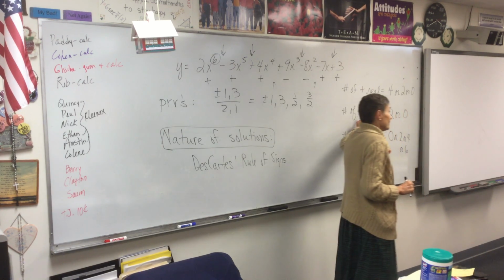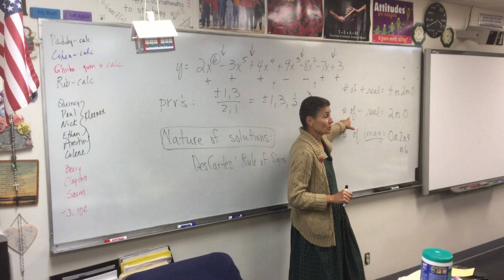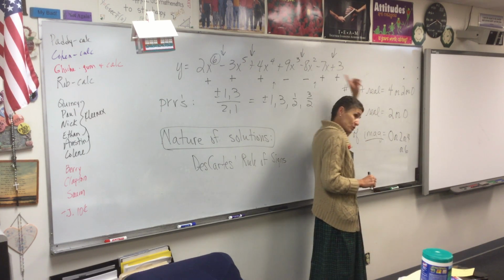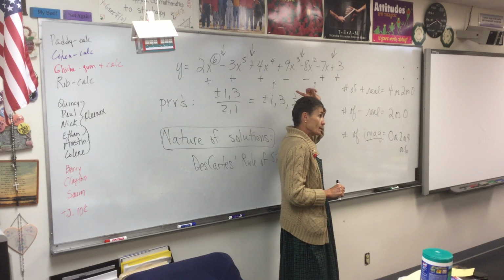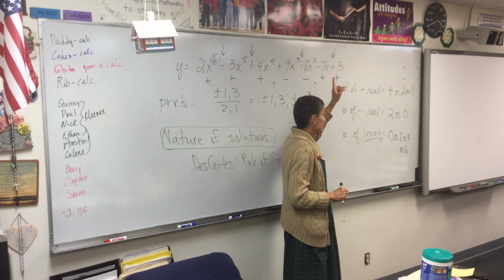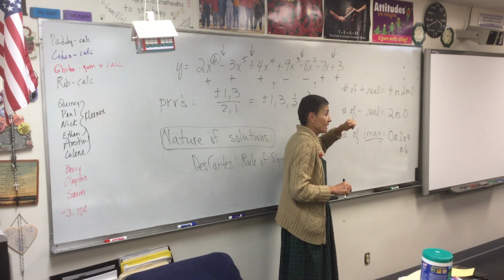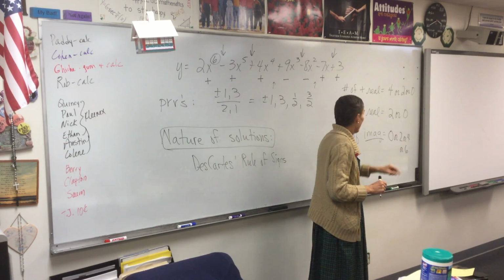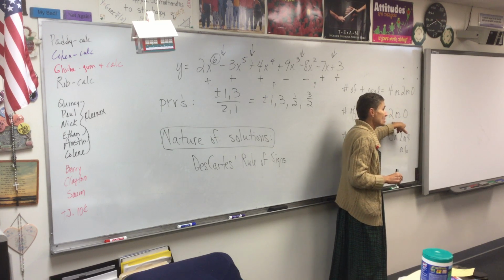Secondly, this may or may not be helpful to you. When it is helpful is, let's say I was doing this problem, and I was guessing numbers to give me 0, and I found one. Let's say I plugged in negative 1, and it worked. What would I absolutely know then?